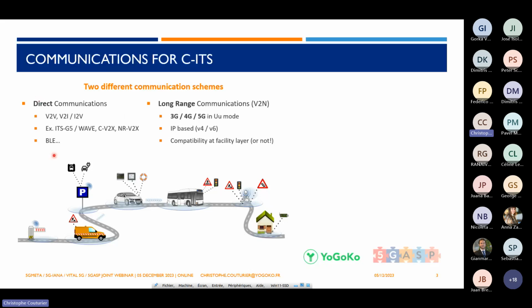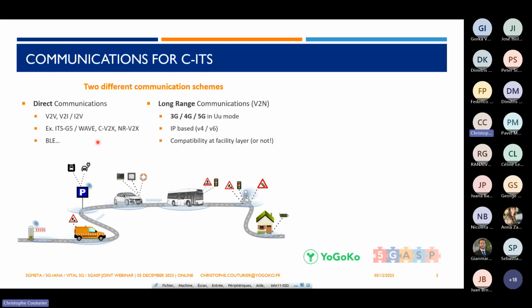The first is what we call direct communication. This is where communication happens directly between devices. The devices could be cars, infrastructure equipment, or other road users. And we have technology dedicated to establishing this communication without the need for extra infrastructure.